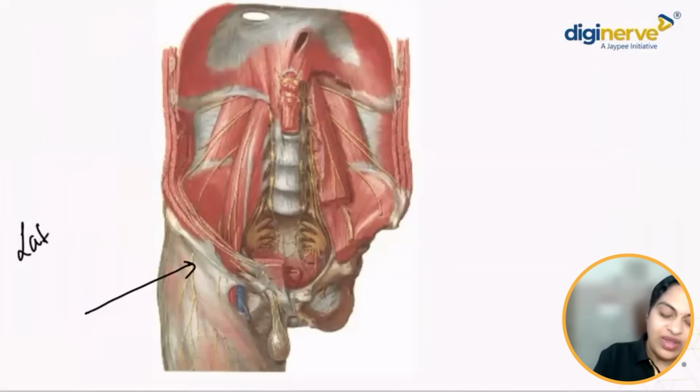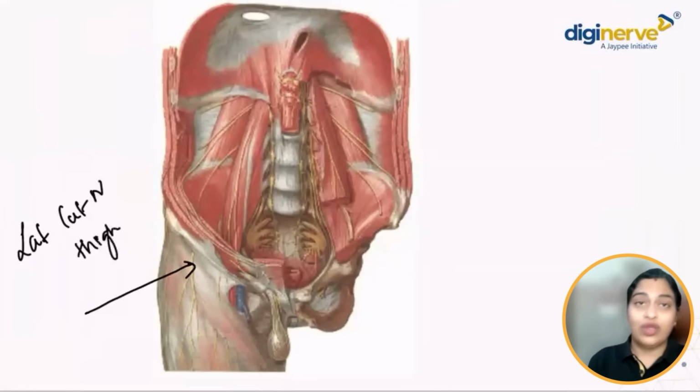The lateral cutaneous nerve of thigh, or the lateral femoral cutaneous nerve, is a branch coming from the lumbar plexus. And we also know that this is the nerve which is frequently injured in laparoscopic inguinal hernia repair, with the root value L2, L3.